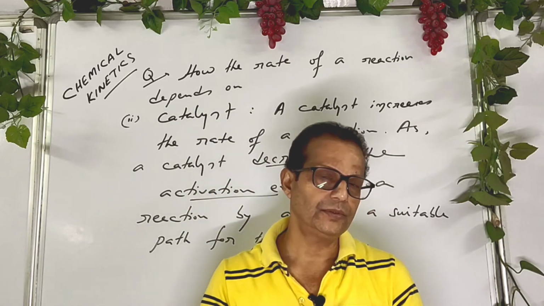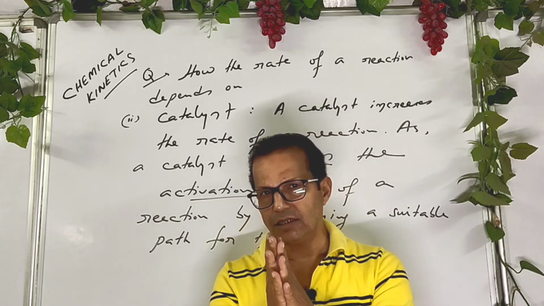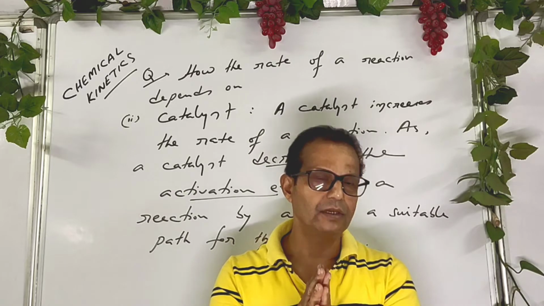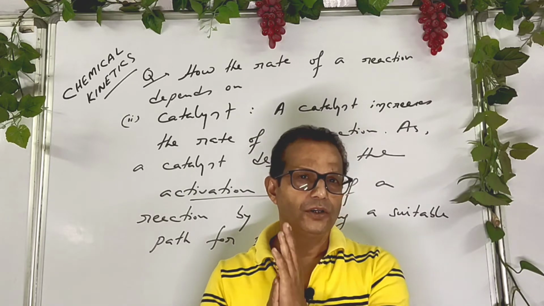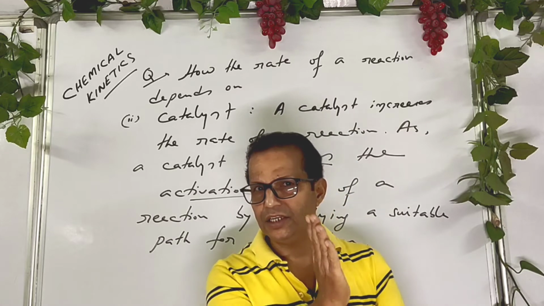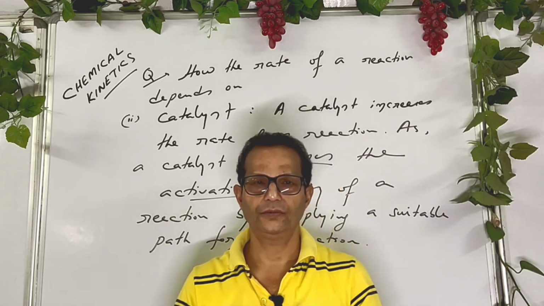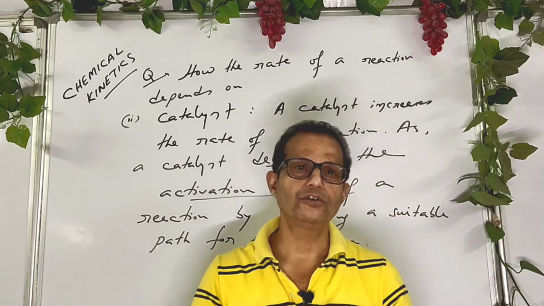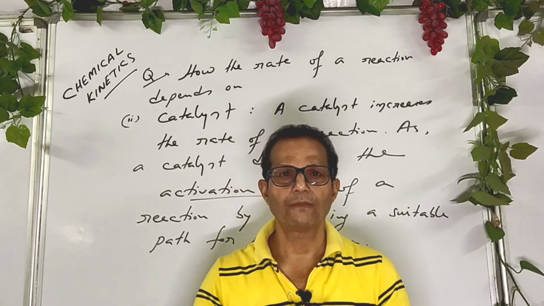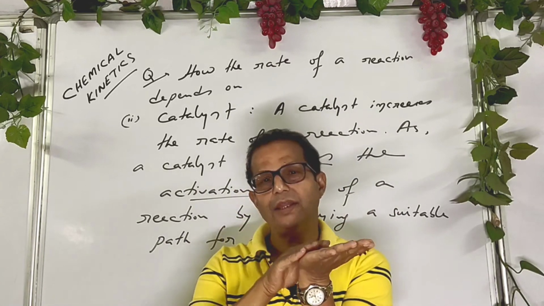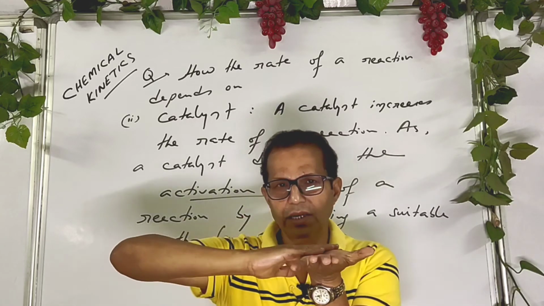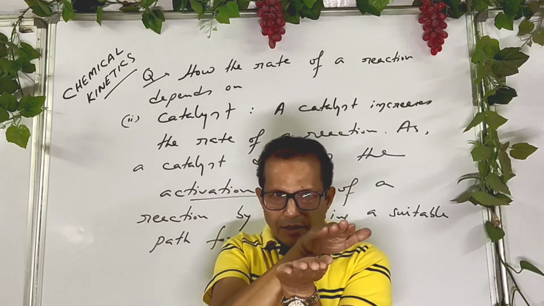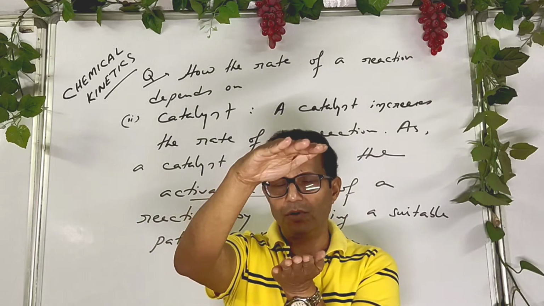How does it become so? A catalyst chooses a suitable path so that the reactants can easily change into product. That is similar to a shortcut process. Okay, you see, in a hill area, if you want to go from one side to the other, you need to walk much more.